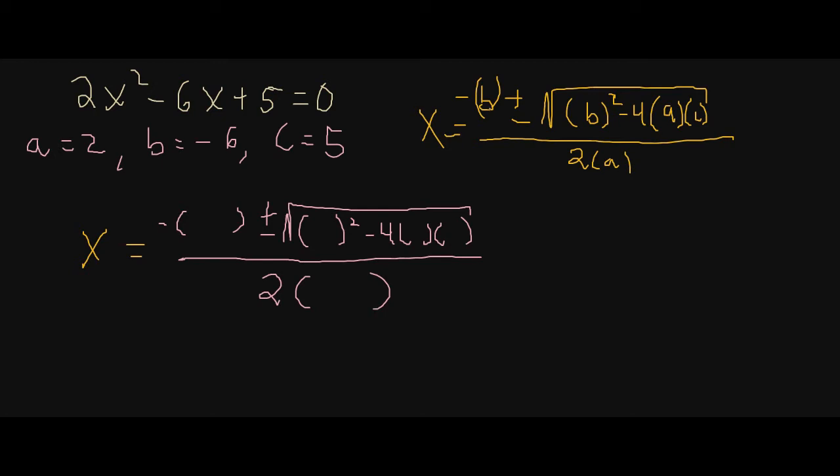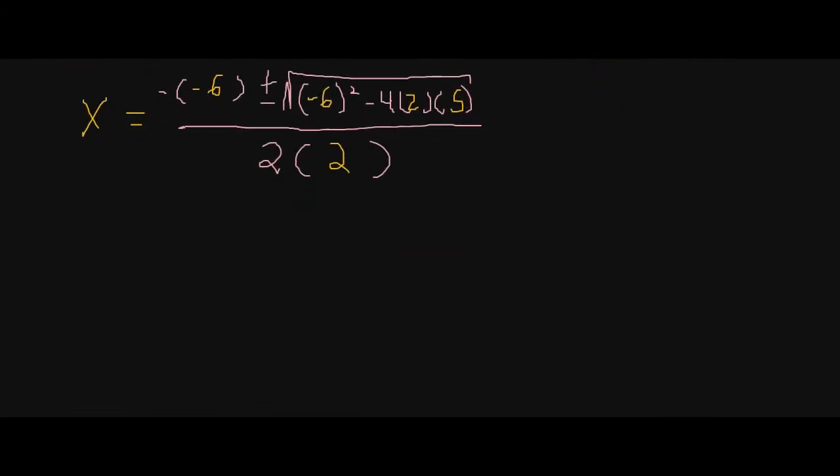This is b, so my value is negative 6, so I'll put negative 6 in there. The next term is a, so my a value was 2, so I'll put 2, and this is 5 because it was c. And over here, this is 2a, where a is 2, so I put 2 here.